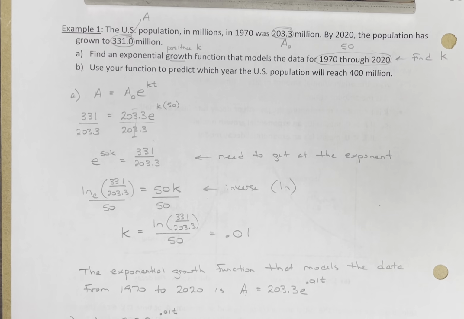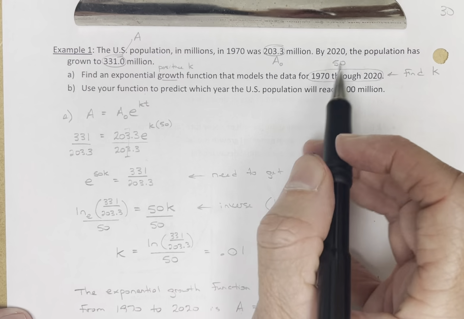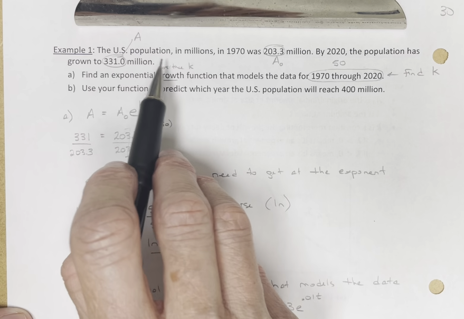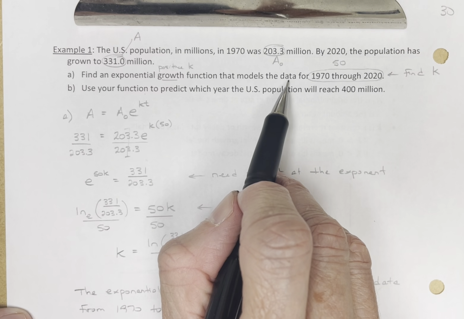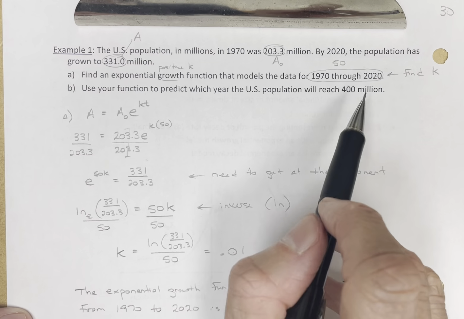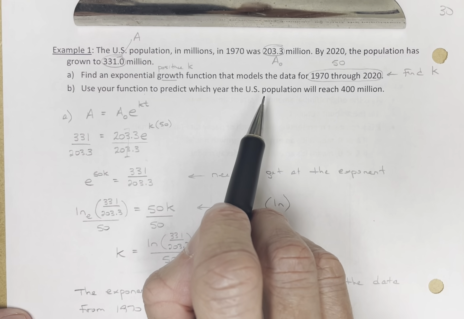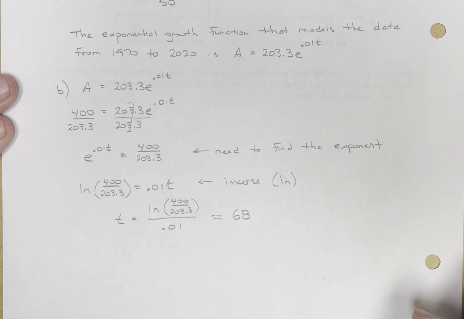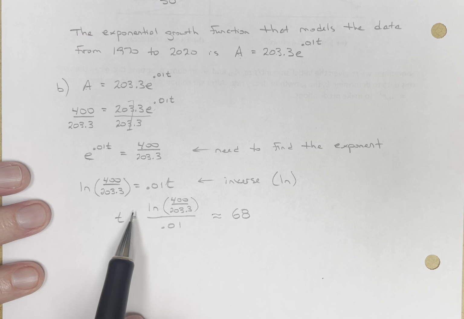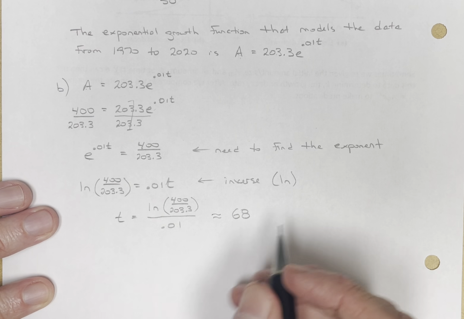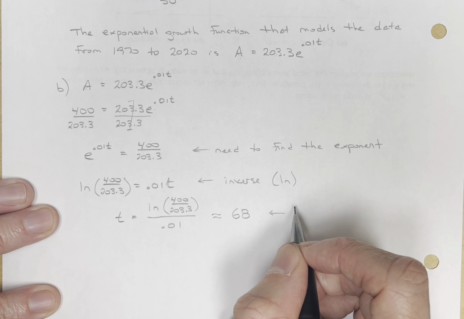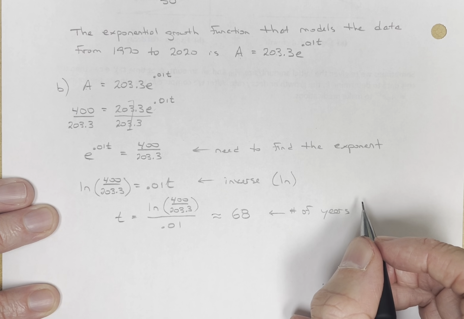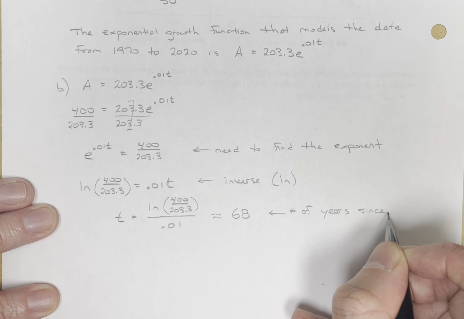And we go back up to here, and we note that t is the time. Oh yeah, so t is the number of years since 1970, okay? It doesn't say that as clearly as it should, but we know that t is the number of years since 1970, because year 0 is 1970.